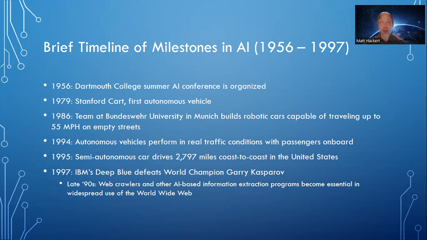If anyone's familiar with Moore's law, the doubling of computer power every 18 months, you can see that in the beginning, these milestones are spaced out, especially the early ones, by a number of years. But as we move closer and closer to the present, these milestones come closer and closer together.